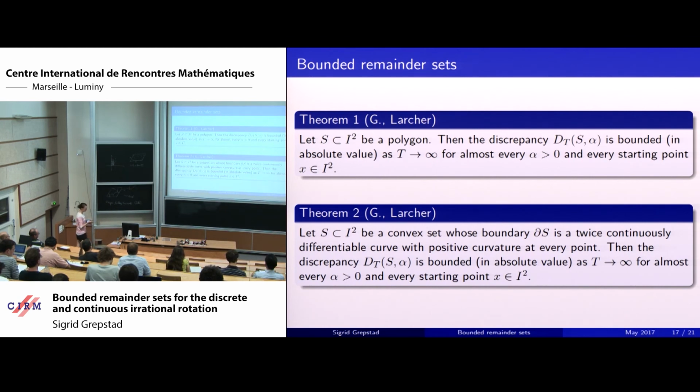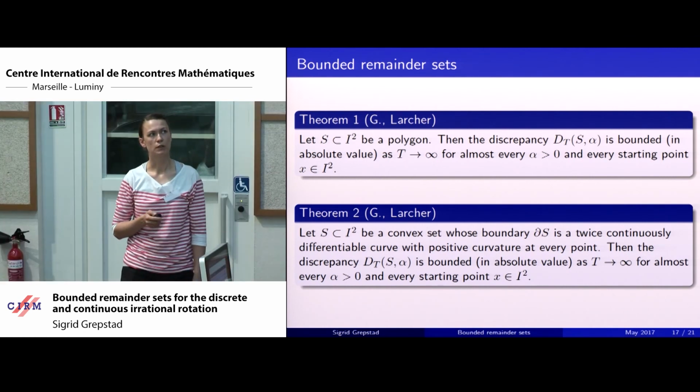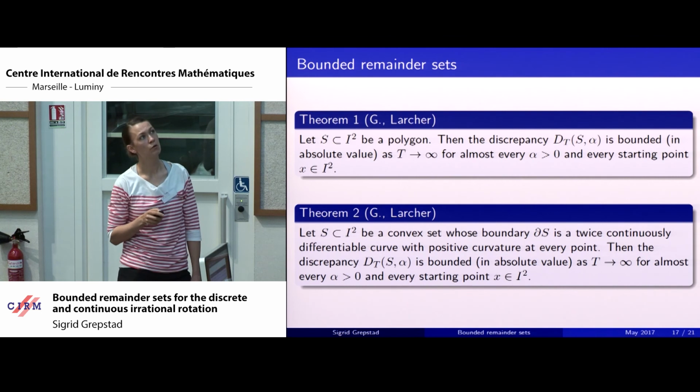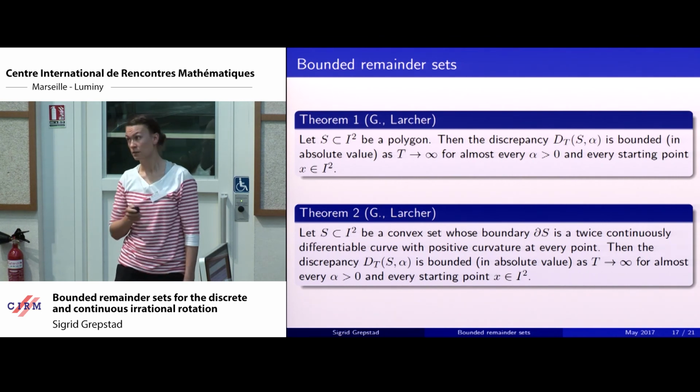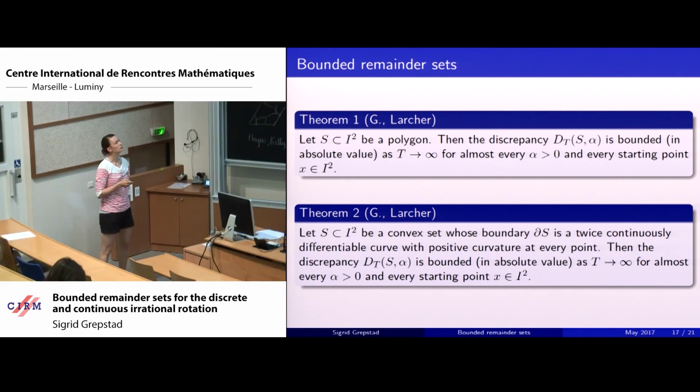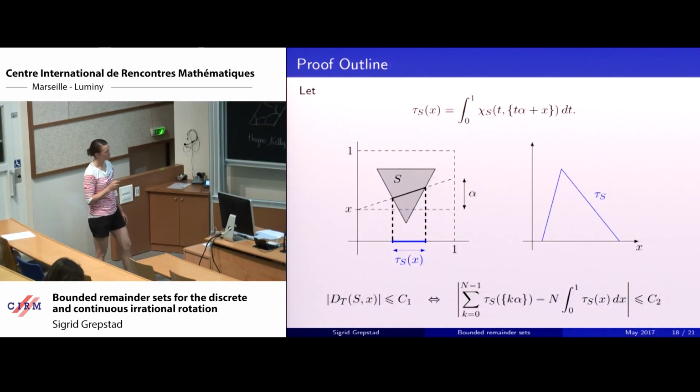I will try to give a very short outline of the proof of this first result in the simplest case where the set S is just a triangle. So this is, of course, just a one-dimensional problem, really. Once we know where our function capital X is hitting this side of the unit square, we know precisely how much time it's going to spend in S on that turn around in the x direction.